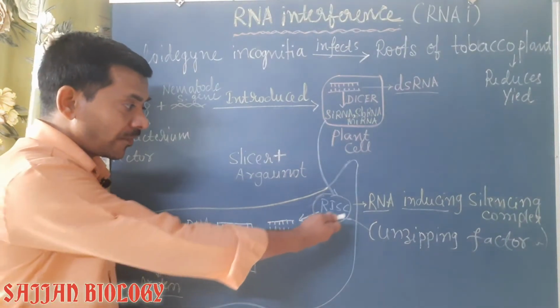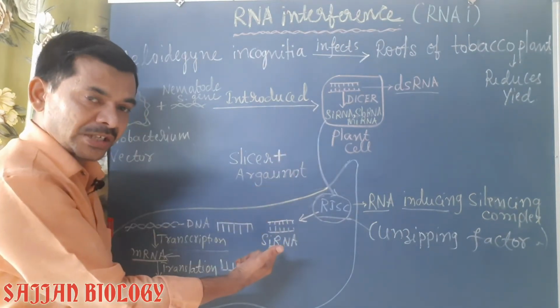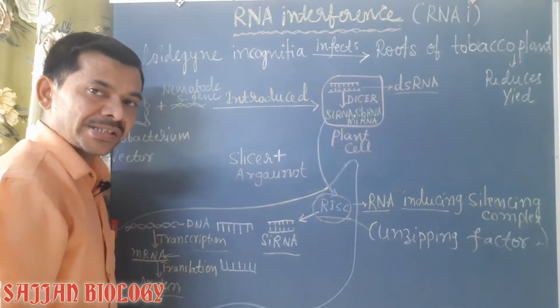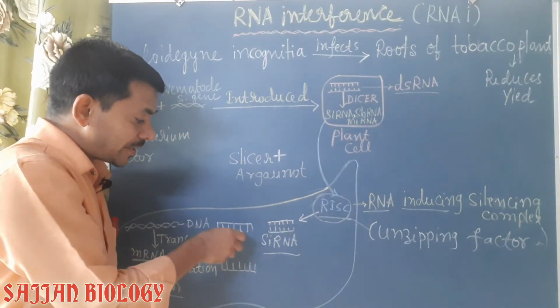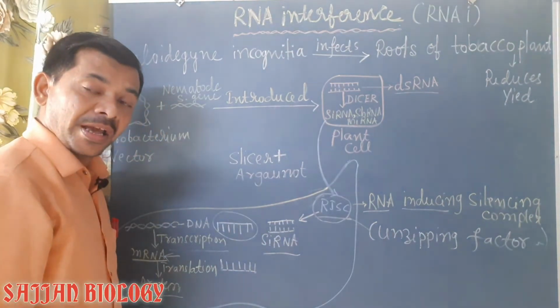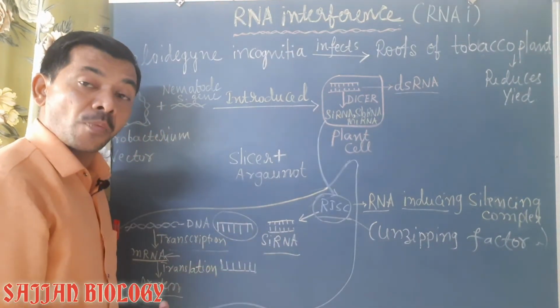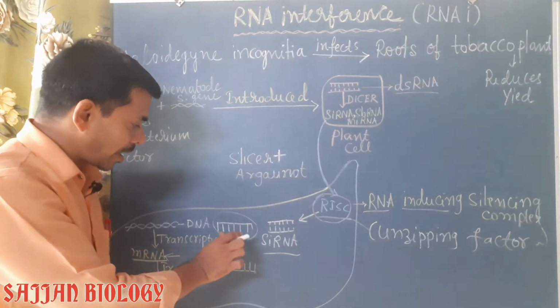I told you that the RISC factor unzips any one of the RNAs which has entered. I have taken siRNA as an example. It becomes unzipped, and now this single stranded RNA goes in search of the complementary mRNA.